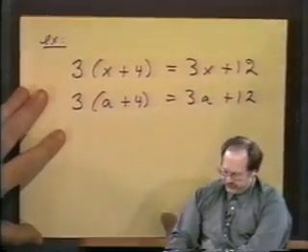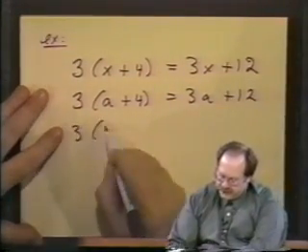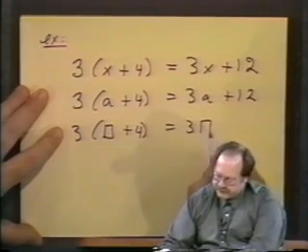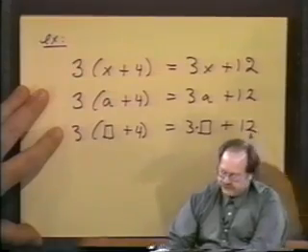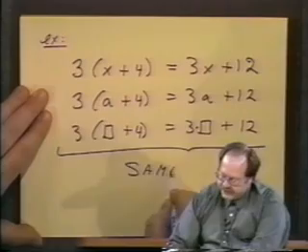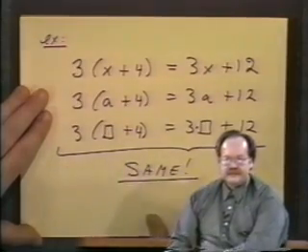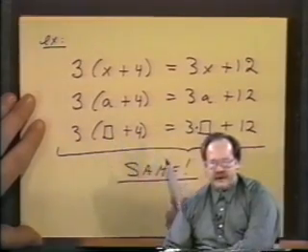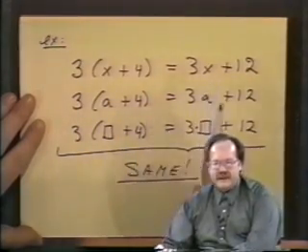Or even more generally, 3 times (box plus 4) equals 3 times box plus 12. In mathematics, these are all the same, right? It doesn't matter what the letter is or whether I use another symbol there. It says the same statement in each case.